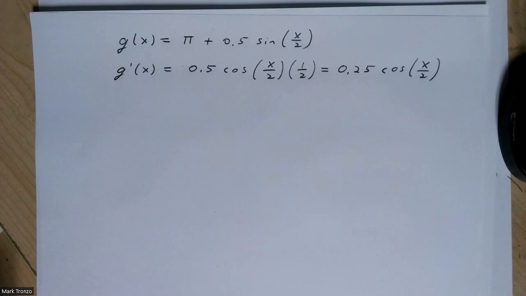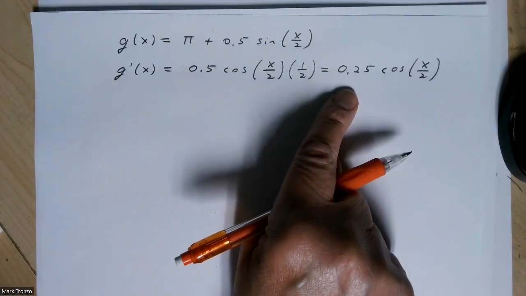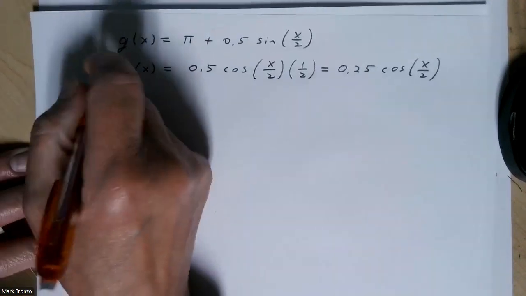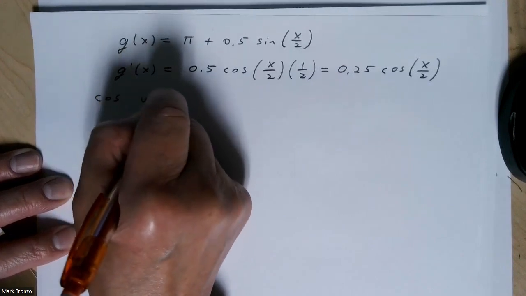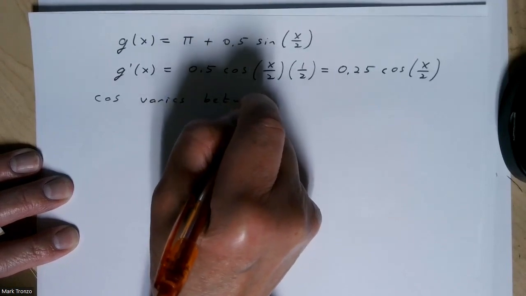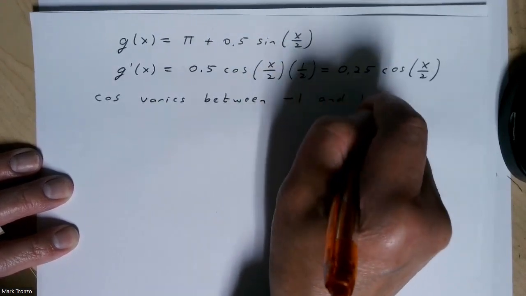And the question is, is the absolute value of this going to be bounded? Once again, cosine varies between -1 and 1.